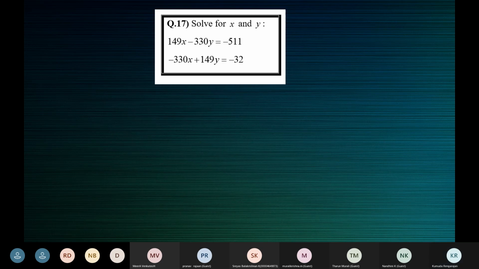Ma'am, got the answer. Who's that? Tarun Murali. Is it possible to share a picture of your answer on WhatsApp now? Yes, ma'am. Please do that.